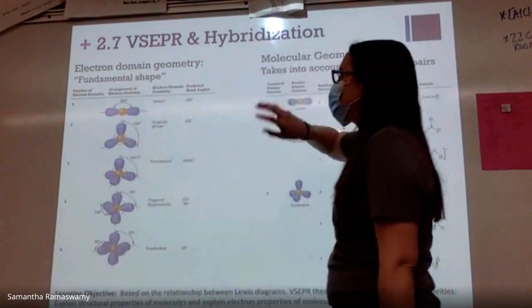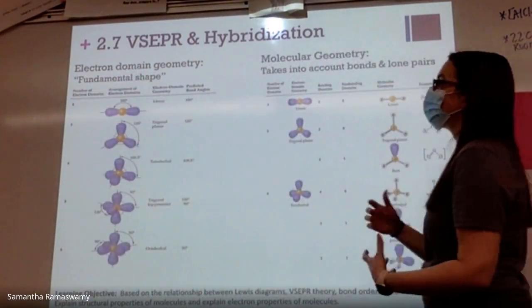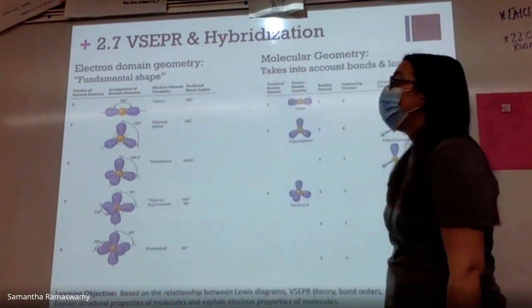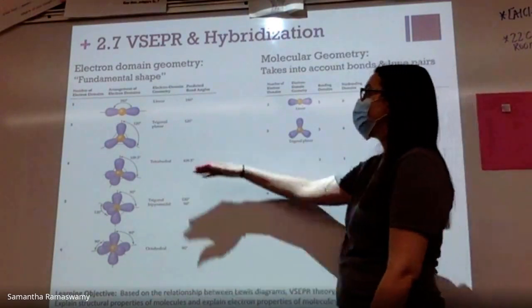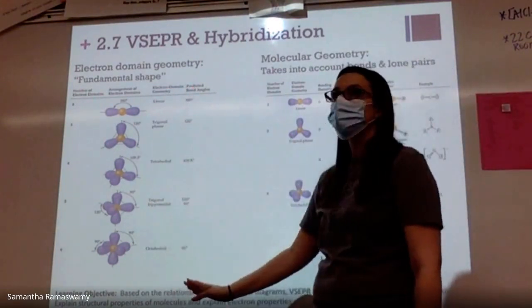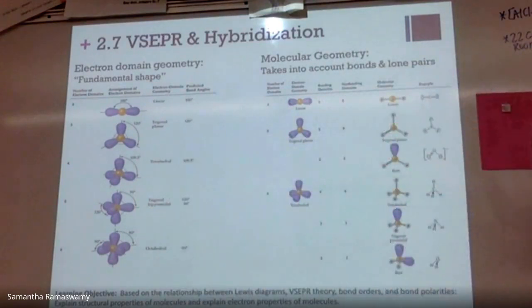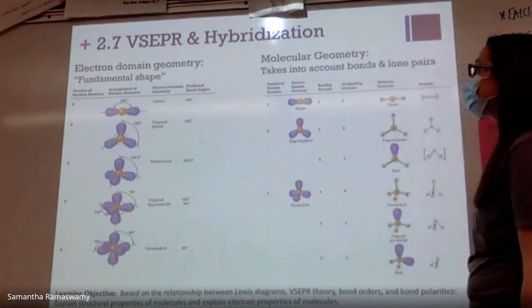Electron domain is just based on the areas of electrons around the central atom. It's one of the fundamental shapes. One of these 5 fundamental shapes. In terms of bond angles, the only bond angles you need to know are these. 180, 120, 109.5. Trigonal bipyramidal, remember, has 2 bond angles because of axial and equatorial. And then octahedral is 90.